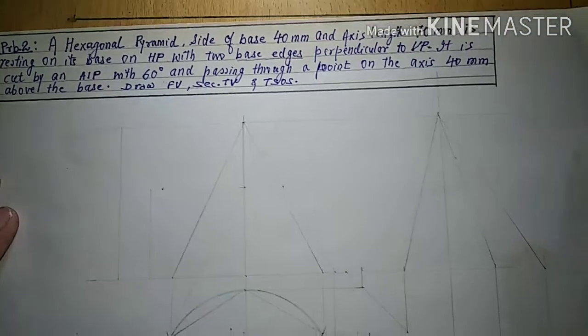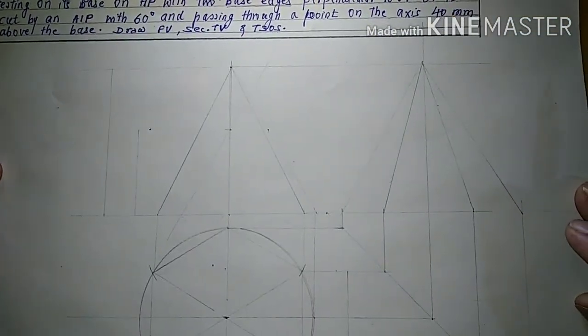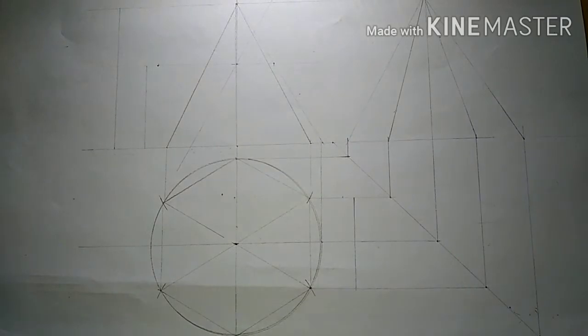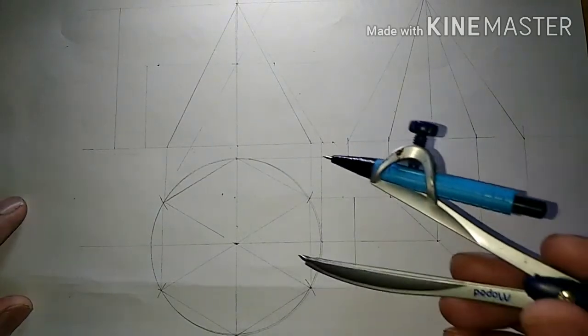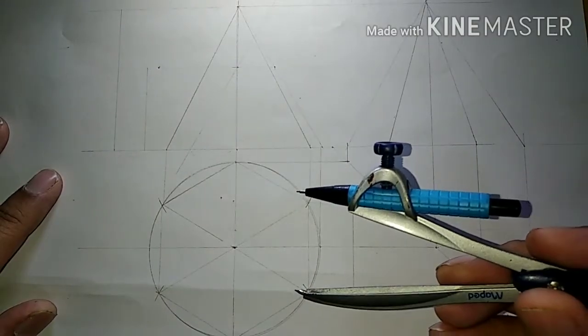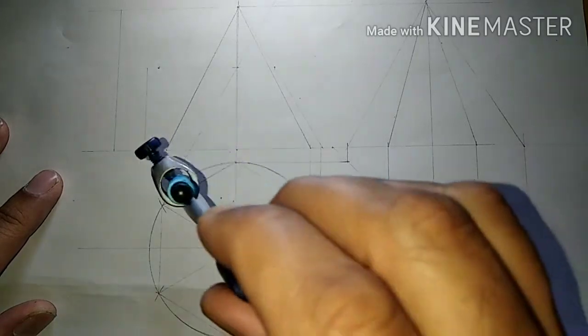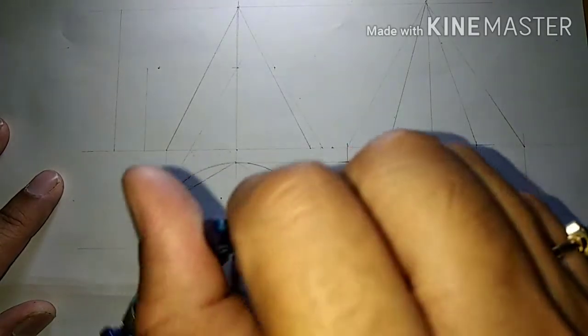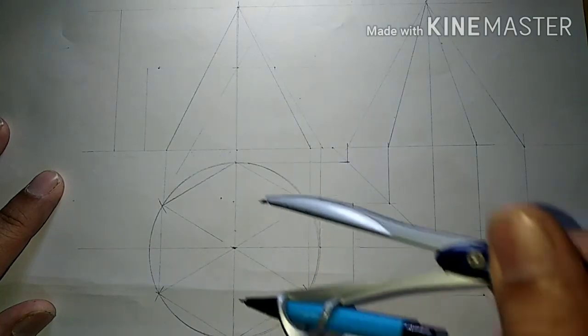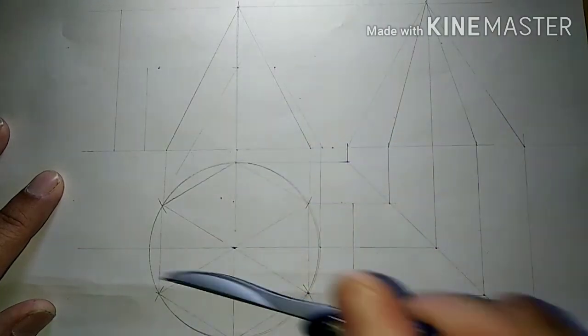Let's start with the actual solution now. First we'll draw a circle, radius of which will be equal to the base edge. Base edge is given as 40 mm. So we'll take 40 mm in a compass and draw a circle. And since we have to take base edge on right hand side, from the top we'll draw two center lines.